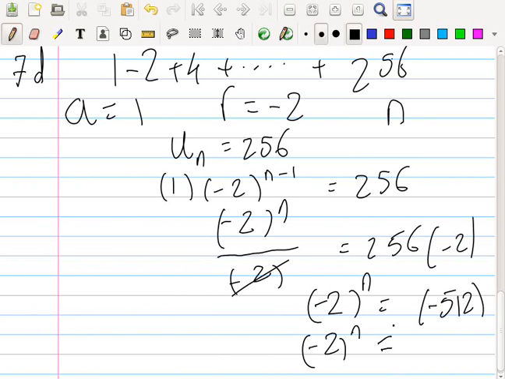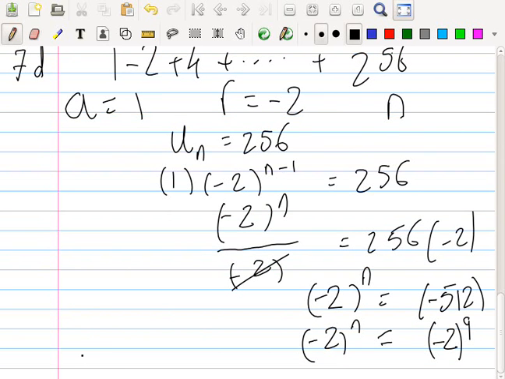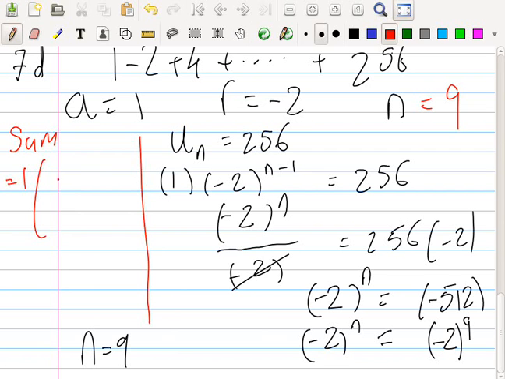Or power 9, is it? Power 9, yeah. Okay. Minus 2, so minus 2 to the power 9 is minus 512. So n, what's n? 9. So that can go back up the top here, n is 9, and now I can use my sum formula. The sum equals A times 1 minus R to the power n over 1 minus R, which is 511.